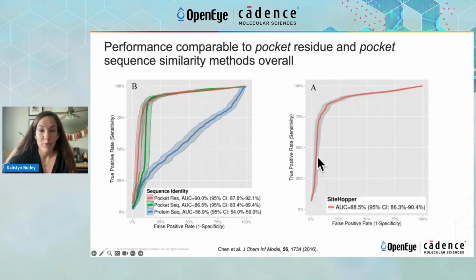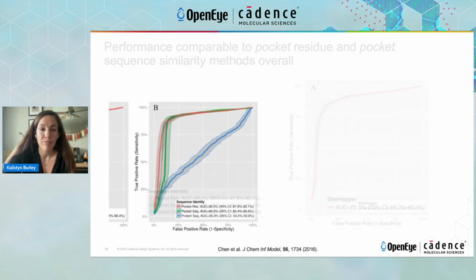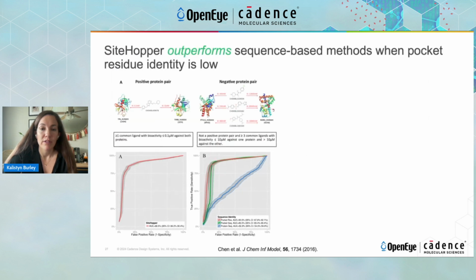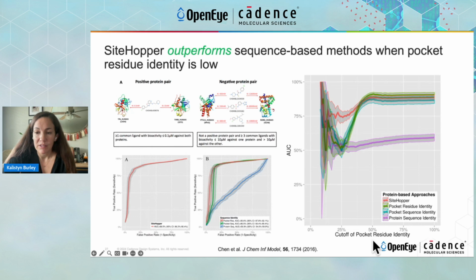If we look at the performance of SiteHopper, you can see that it is comparable to these pocket sequence similarity methods. Where SiteHopper really shines, though, is in this overlay of the AUCs of the different approaches, compared to pocket residue identity.